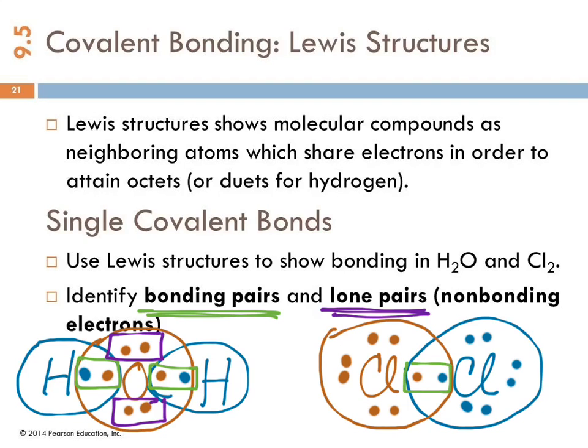And then how many lone pairs are there? There's a lot. There's 3 on each chlorine. All of those are lone pairs. It's important to be able to identify bonding pairs and lone pairs. Any questions?